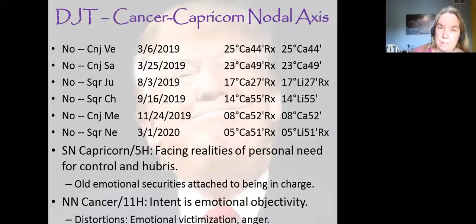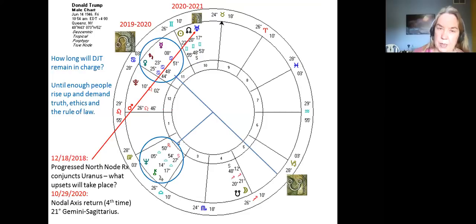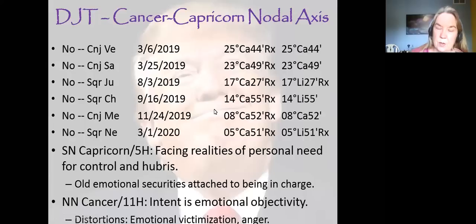But here's the transiting nodes in Cancer-Capricorn on Donald Trump's cardinal planets. Back up again. As you can see right here, he has got this activated square in Cancer-Libra. And so here's where the planets go over that.